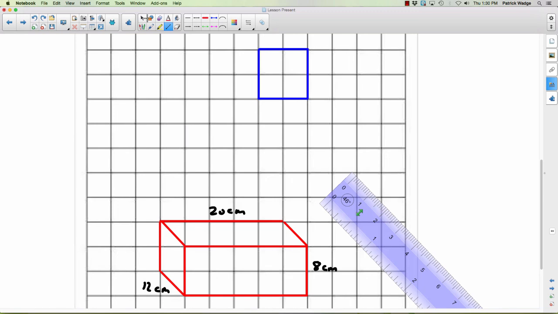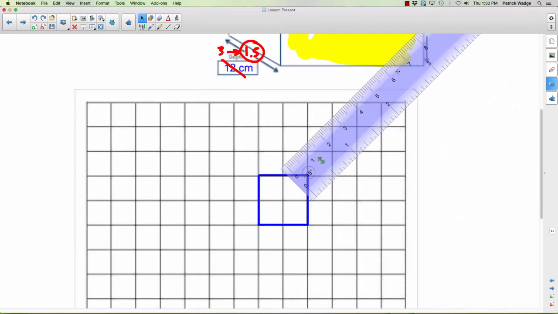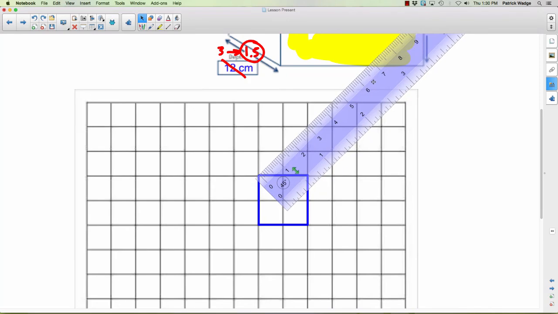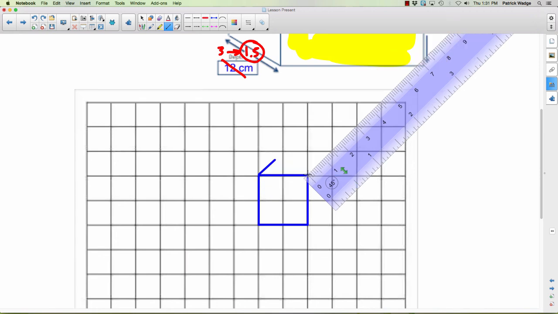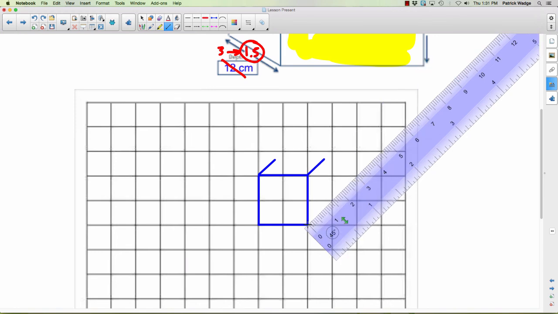So let me get my ruler situated the right way. Something like that. And I only have to go 1 this time. So 1 here, which is just to there. 1 here, which would take you back to about here. And 1 here takes you back to about there.